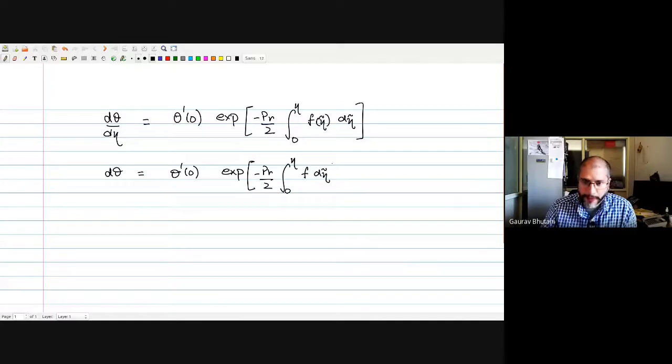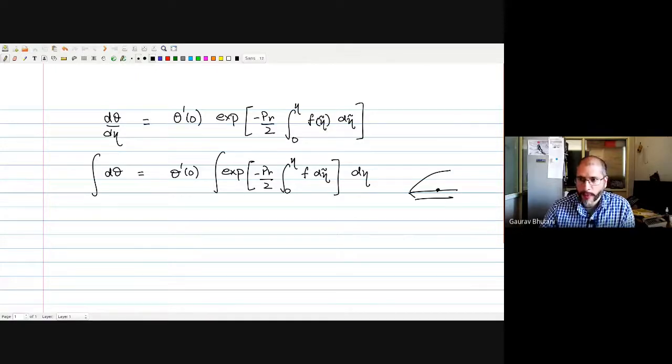It is clear that f is a function of eta tilde, so we won't write that again and again. And now this has to be integrated. This is a flat plate. The limits are, well, we need to have a d eta here. So the limits are from eta equal to 0, which corresponds to y equal to 0, that's the surface of the plate, to some distance inside the boundary layer. So that will be some arbitrary eta. So my theta will go from 0, because for eta equal to 0, my theta is 0.